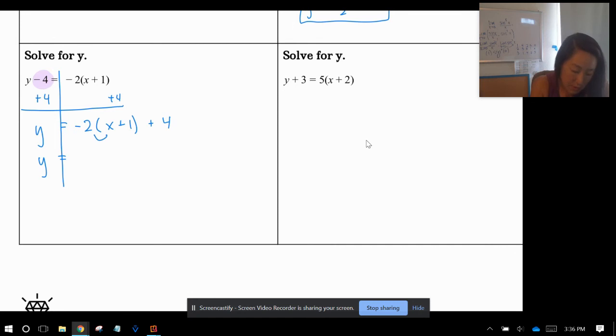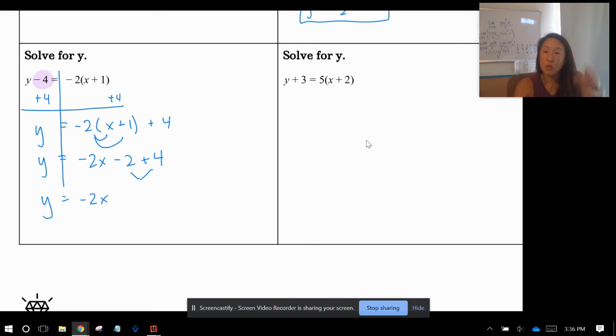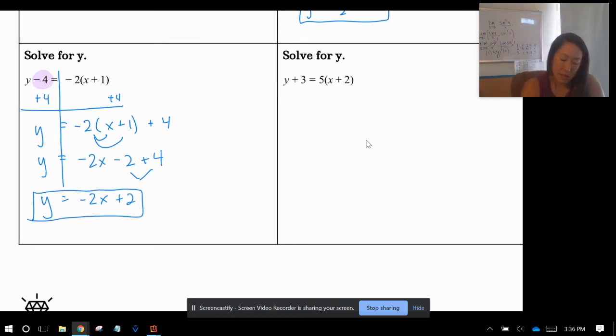So distribute in the -2. So I get -2x minus 2 plus 4. And finally, I can combine the -2 and the 4. So -2 plus 4. I'm 2 floors below, going 4 floors up. I end up on the second floor, positive. And I just stop there.